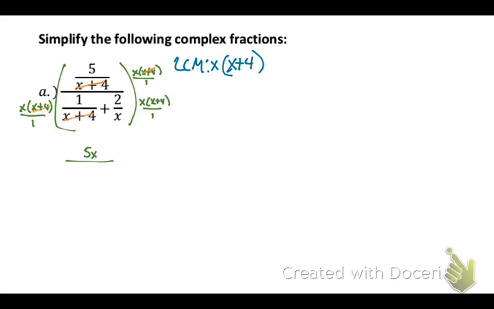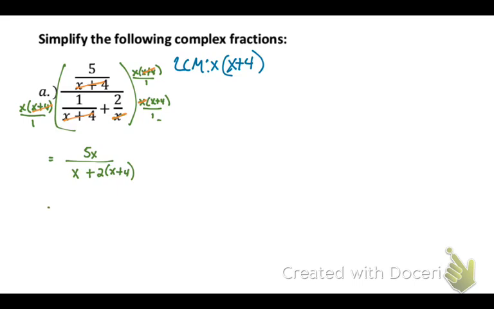We can divide out the x plus 4's, and we'll be left with x times 1 all over 1, and we don't have to write that denominator. Then if we look at the expression in the denominator on the right, we can divide out the x's, and we'll be left with 2 times x plus 4. So this technique quickly clears all the denominators in each part of this complex fraction.